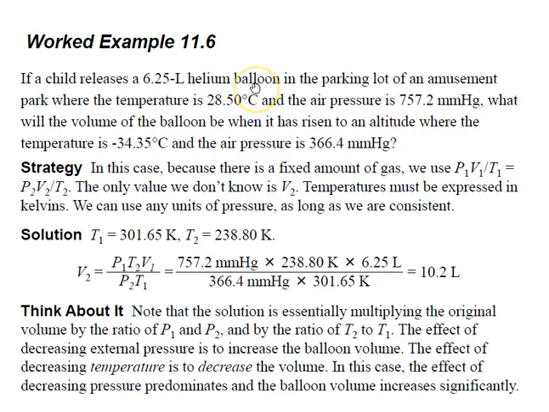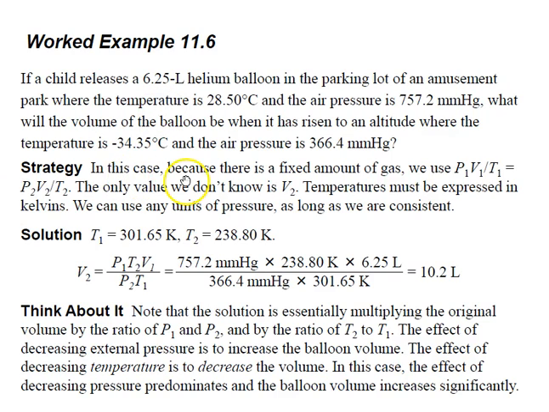And that makes sense because the helium balloon was filled and probably tied off, and none of it was released or added to the balloon. So we can assume that there's not a hole in it releasing material. It's just that the size of the balloon changes as it is in a different environment as it goes up in the air.